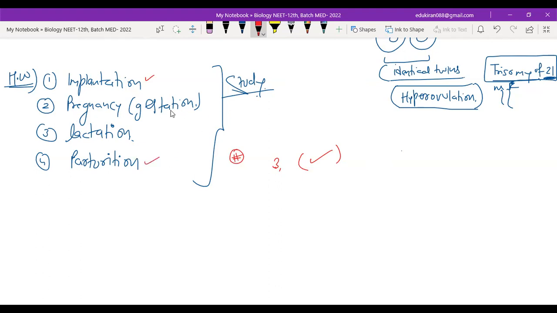Then in pregnancy, all you have to read is from NCERT. It's given in one short paragraph in NCERT. You have to find that paragraph, but it says in which month what develops. In the first trimester, the heart and most major organs develop. By the end of the first trimester, almost all the major organs are there in the body, in 3 months.